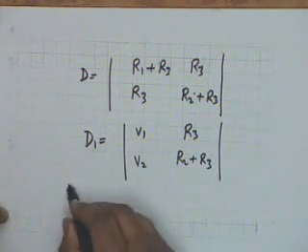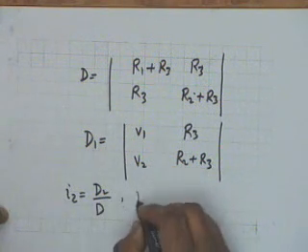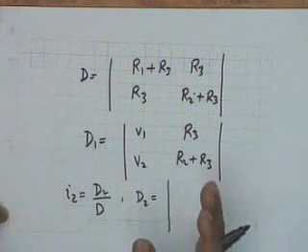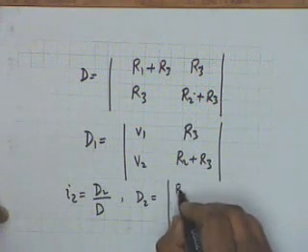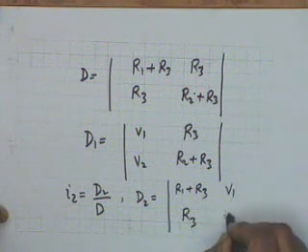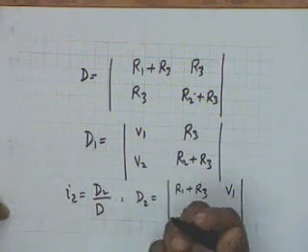Now similarly you could find I2 as D2 by D, where D2 is the same determinant but with the second column replaced by the right hand side, that is R1 plus R3, R3, V1, V2. This method is completely general.